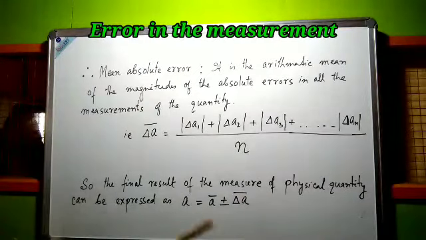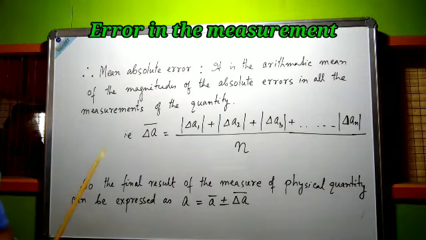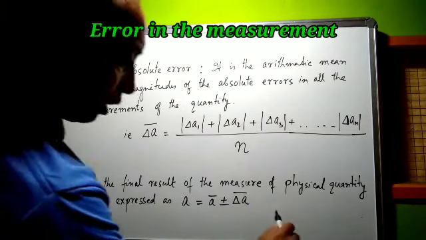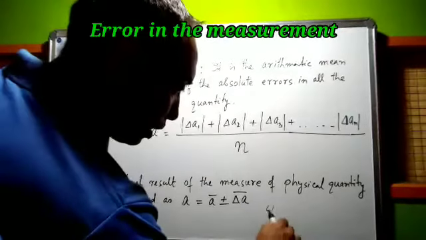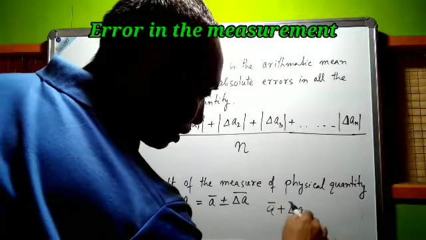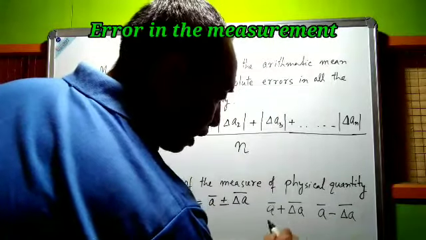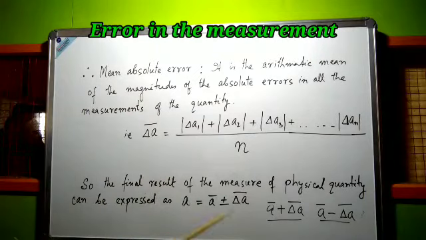So the final result of the measure of physical quantity can be expressed as a equal to a bar plus minus delta a. This plus minus means the physical quantity is a bar plus delta a bar, or a bar minus delta a bar. Generally we may write like this: a equal to a bar plus minus delta a.